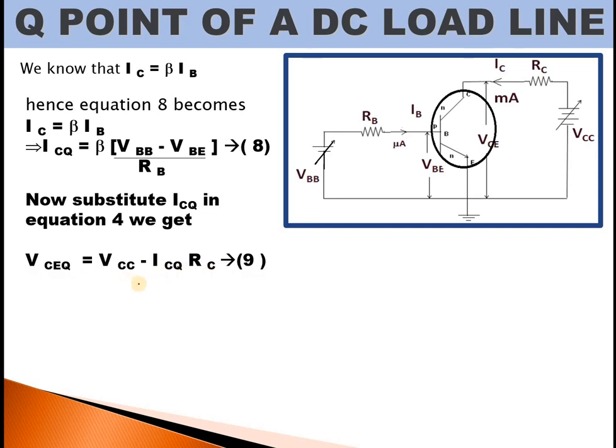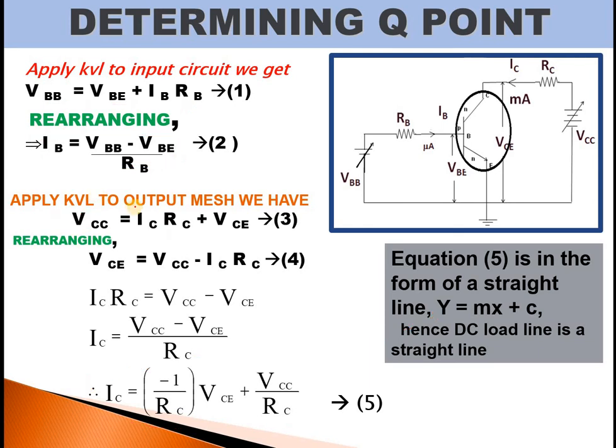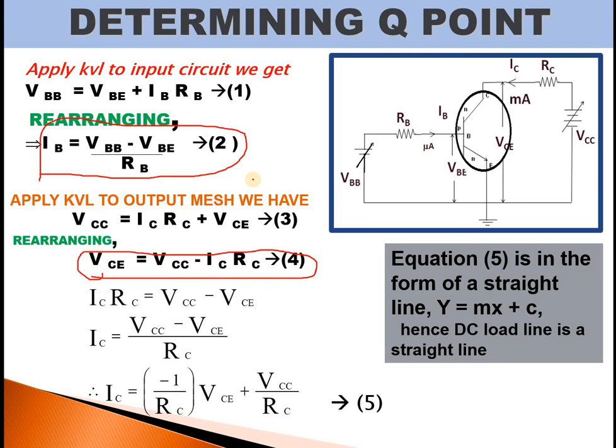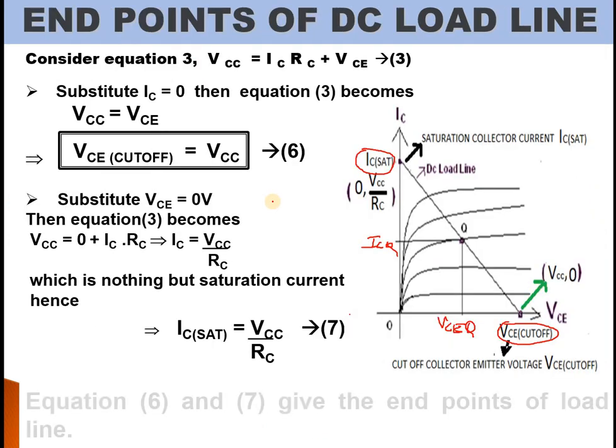See, this equation I have substituted, and now I will take the same equation after rearranging. This was equation 4. I am using equation 2 and equation 4 for my further derivation, for the Q point derivation.